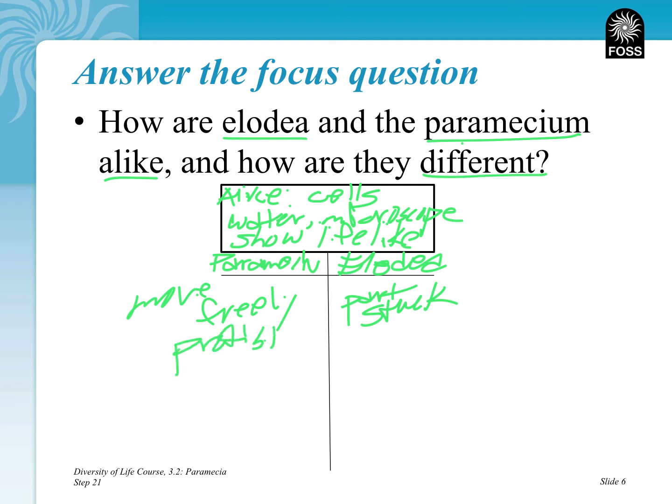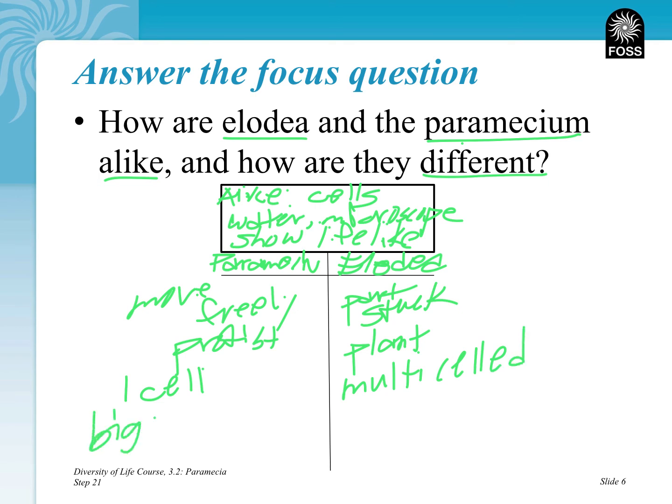One is a plant, so that's different. One is one cell, where these are multi-celled. These are bigger, and these are smaller.